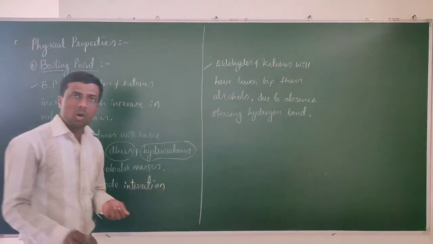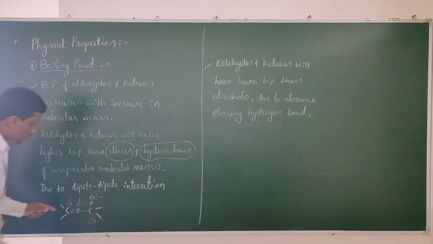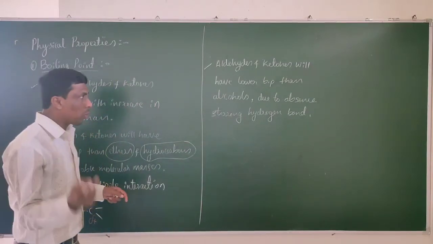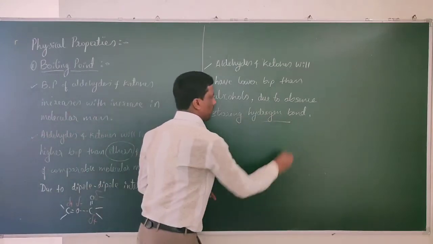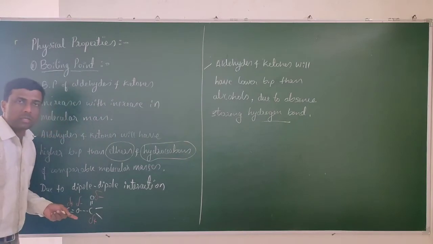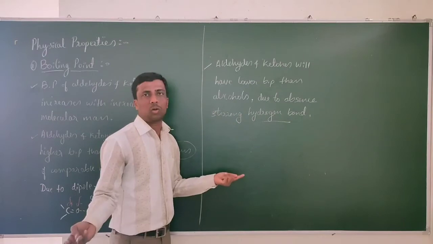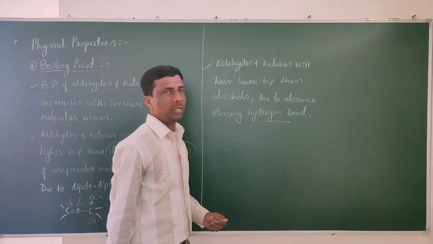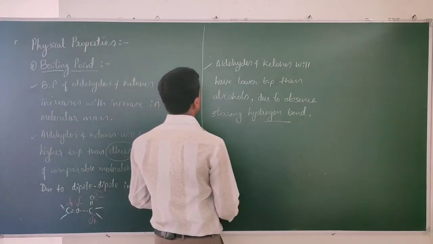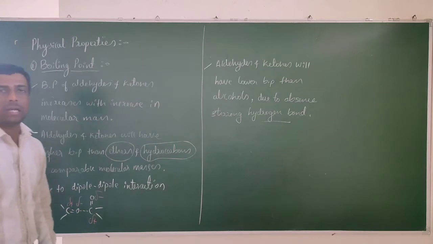In case of alcohols, there exists intermolecular hydrogen bond, but in case of aldehydes and ketones, there exists dipole interaction. Two alcohol molecules will possess hydrogen bond. Two aldehyde or ketone molecules will possess dipole interaction. The hydrogen bond is stronger than the dipole interaction. Therefore, alcohols will have a higher boiling point than aldehydes and ketones. Okay, this is about the boiling point of aldehydes and ketones.